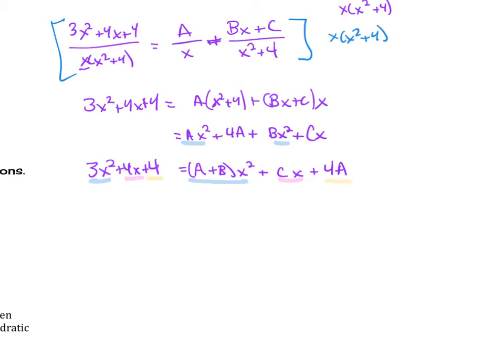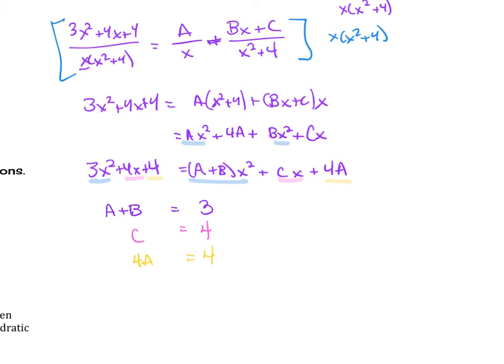So let's do that. We write A plus B equals our x squared coefficient of 3. Then we have C equals the x value, 4. And then we also have the constant, 4A equals 4.